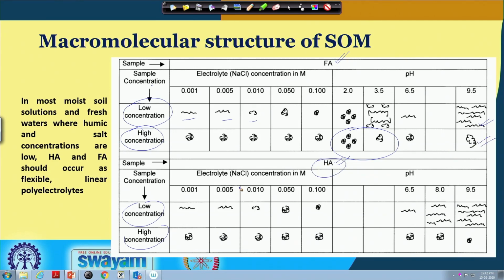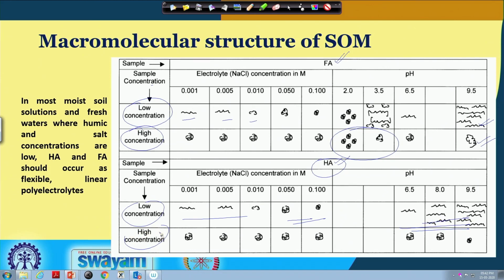Similarly, in case of humic acid also, at low electrolyte concentration and low concentration of sample, we are getting fibrous-like structures. However, at higher electrolyte concentration like sodium chloride, we are getting spherical structures. And in case of higher pH, just like in case of fulvic acid, in humic acid also we are getting fibrous structures.